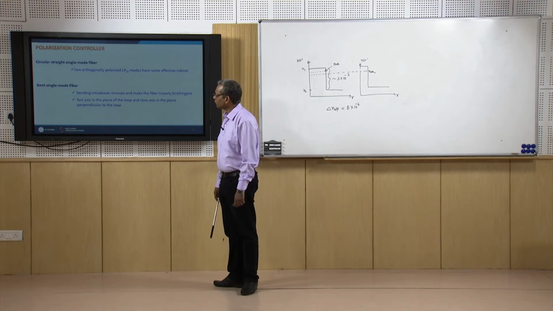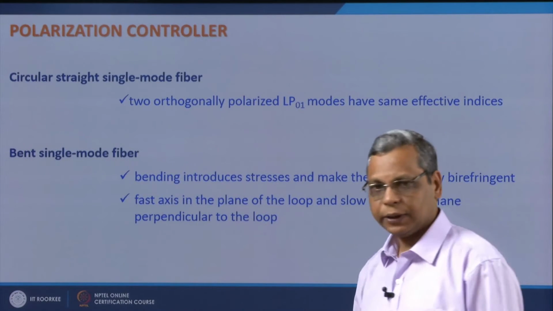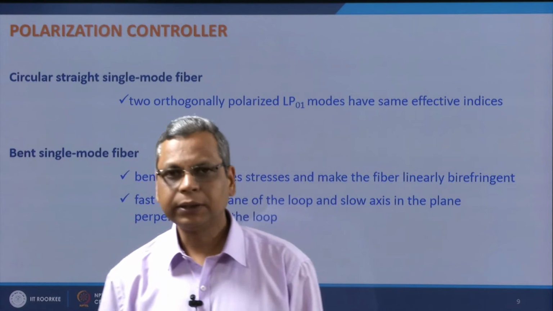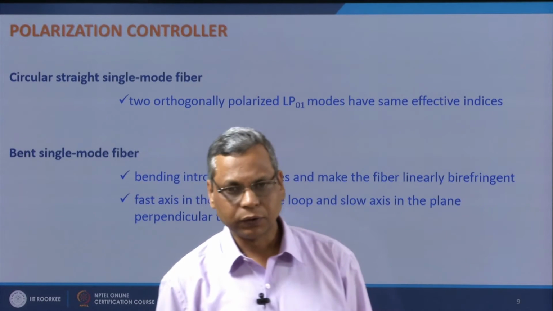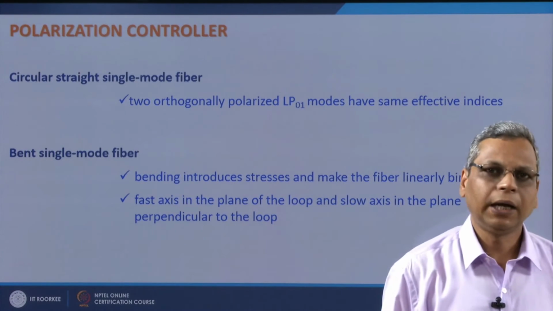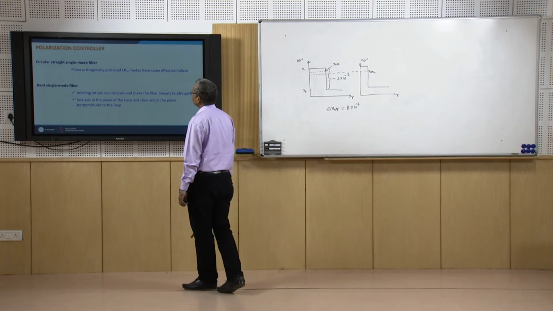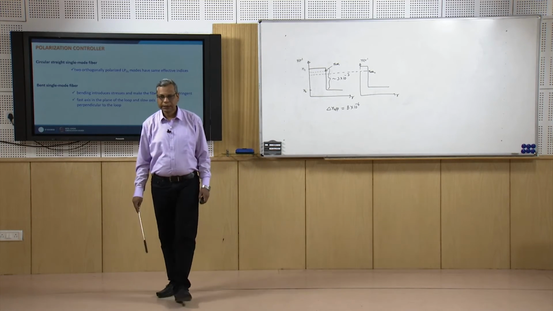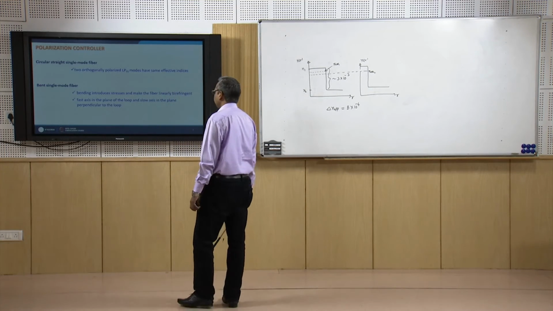If I have a circular straight single mode fiber, since it is a single mode fiber, I am always working in the weakly guiding approximation. So, the modes are LP modes. In a single mode fiber I have the LP01 mode, and this mode has two orthogonal polarizations, and these two orthogonally polarized modes have the same effective index, because it is a weakly guiding fiber.